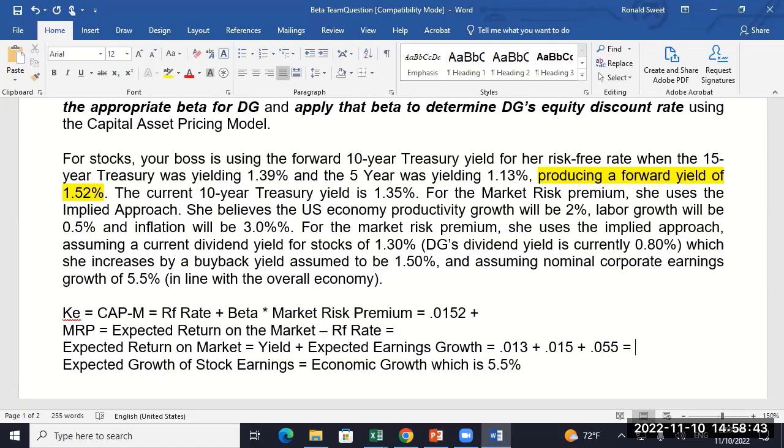Oh man, I can't do that in my head. 0.073 maybe, 0.083. Someone check me on that. 2.8, 8.3%. So 8.3%. So my market risk premium is 0.083 minus 0.0152. Whatever that is.